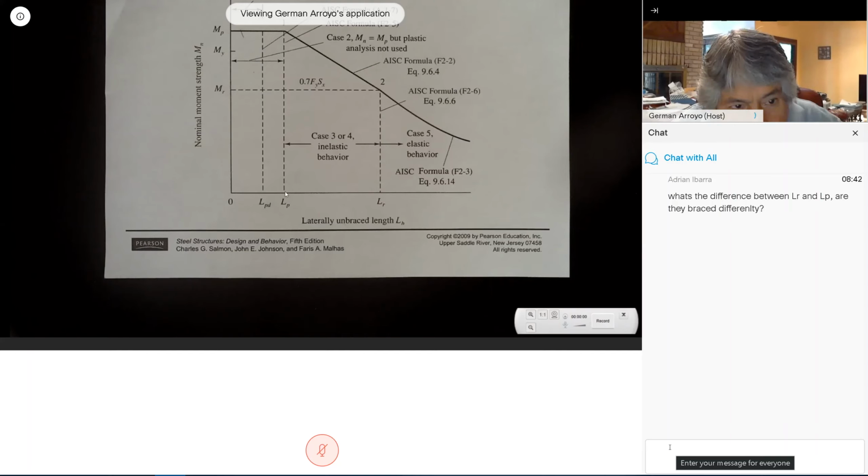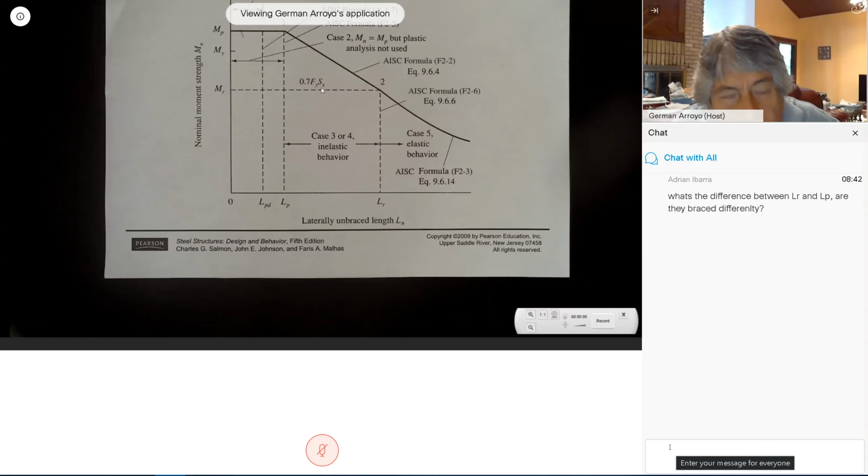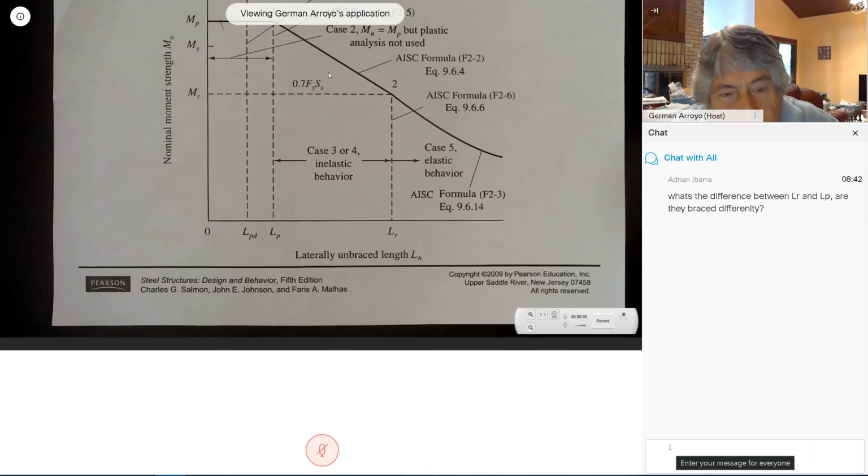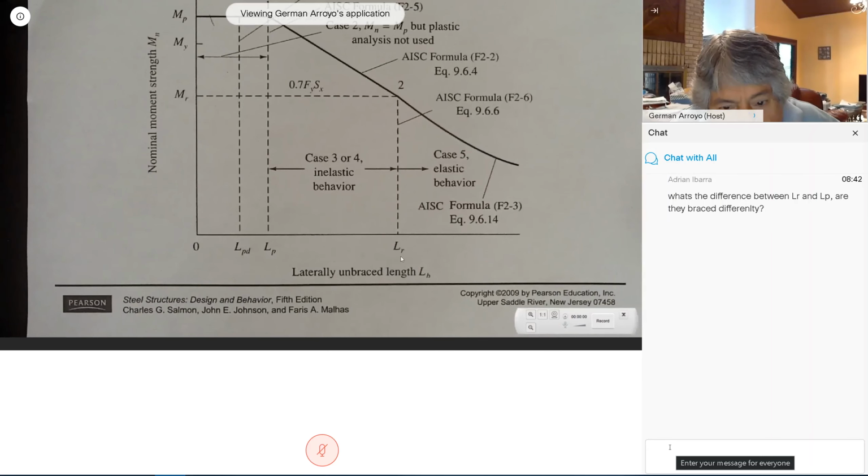Between L sub P and L sub R, you're going to develop this moment M sub R that is the boundary between inelastic and elastic. And so whenever you get to this value, you develop this moment that is 0.7 Fy Sx.